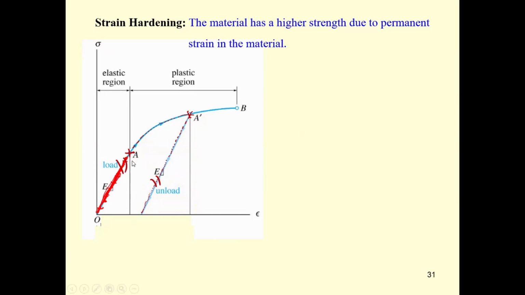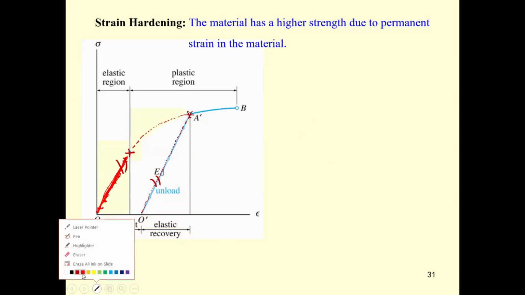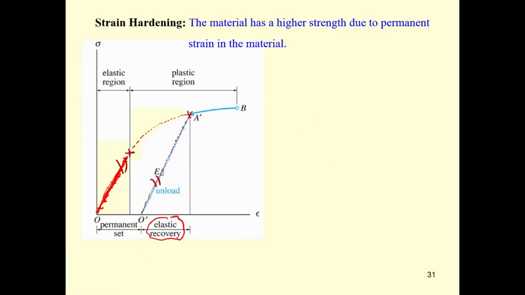Then what happened? The steel or the material will have two types of strain. That's going to be elastic recovery strain and permanent set. And we will, in an extra example, compute both of them. But the property of the material now shifts the axis.